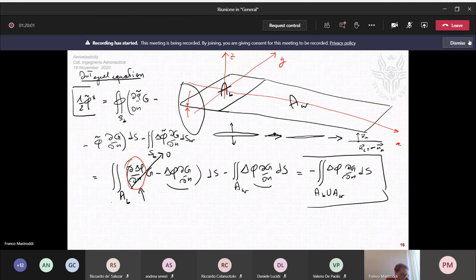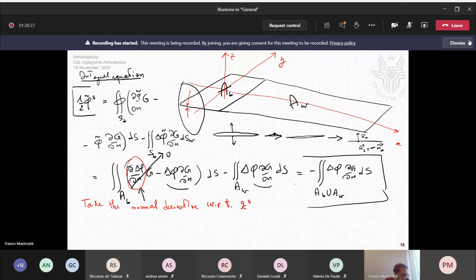For this reason, now we want to take the normal derivative, and now normal means with respect to zeta star.